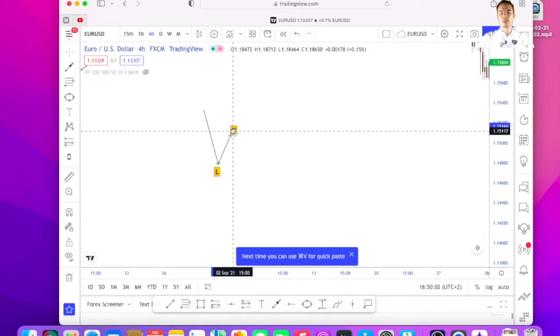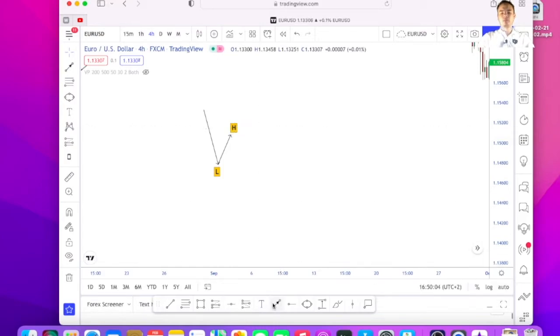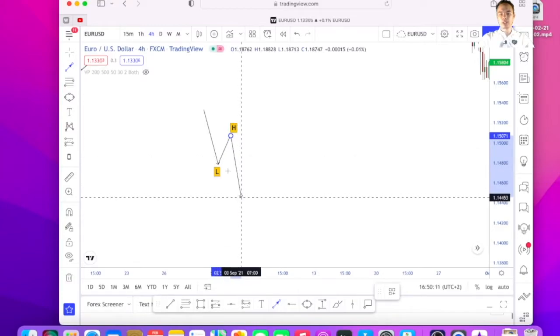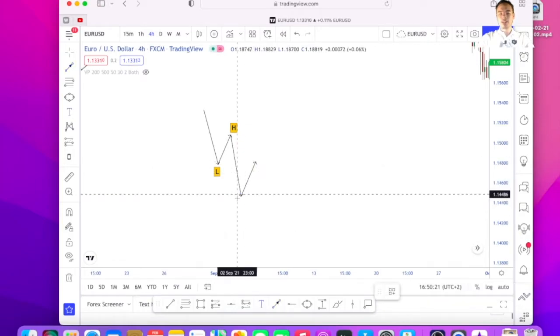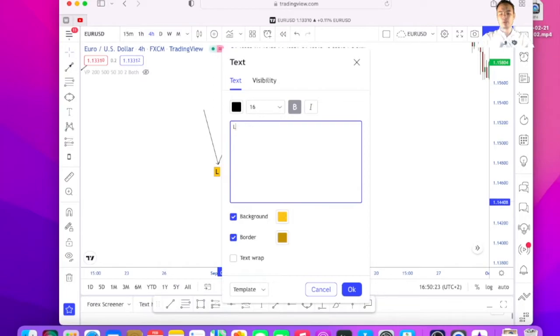Obviously it will be lower lows and lower highs. So once price has an impulse move, a long move to the downside, and breaks past this low, a clear break, and then makes a pivot point, then this is known as a lower low.